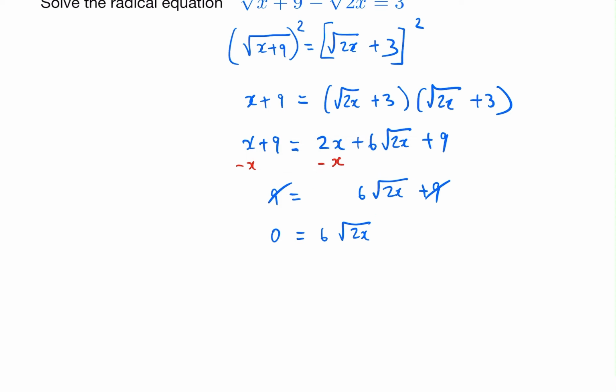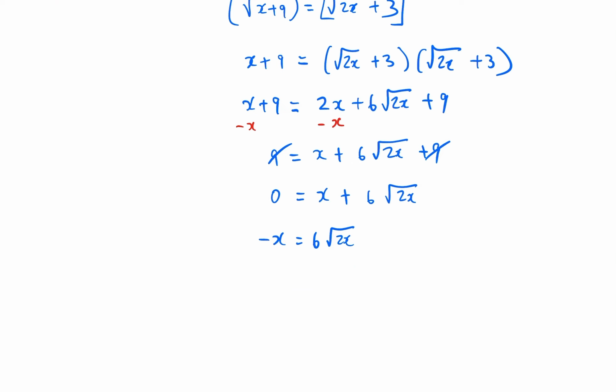Here we're going to get x plus 6 square root of 2x. Okay, the 9 still cancels out, but I need to put the x back in here. x plus 6 square root of 2x. Now we're going to move x to the other side of the equation, and when we do, we get negative x is equal to 6 square root of 2x.